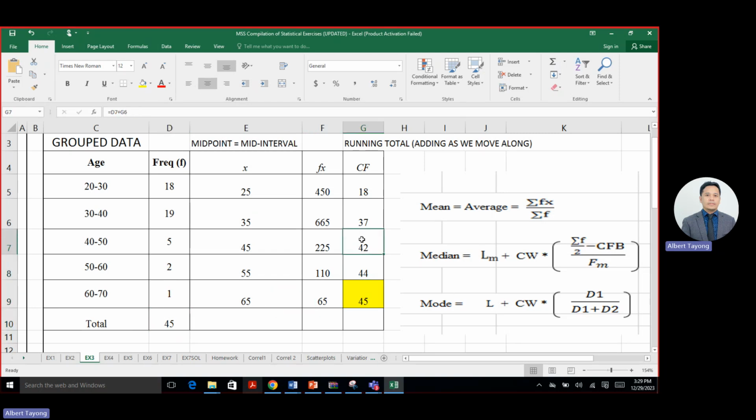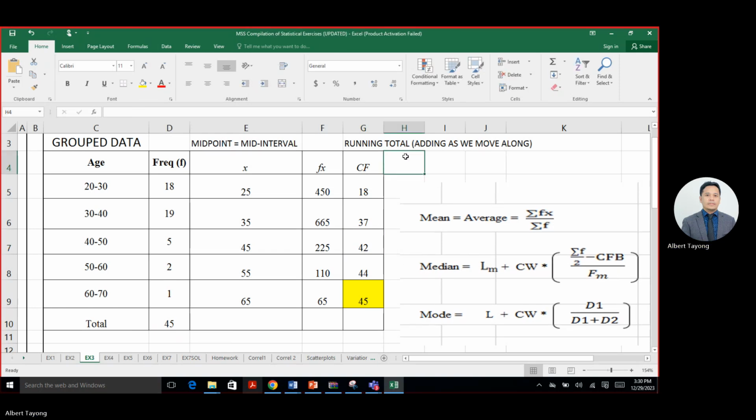So what is the meaning of CF actually? CF is less than or equal to. That's basically the meaning of CF.